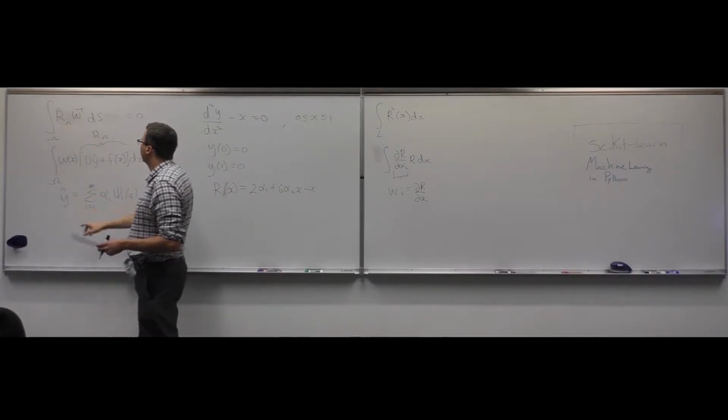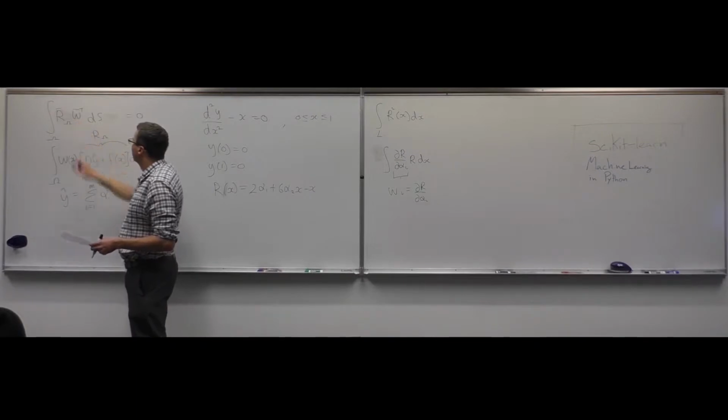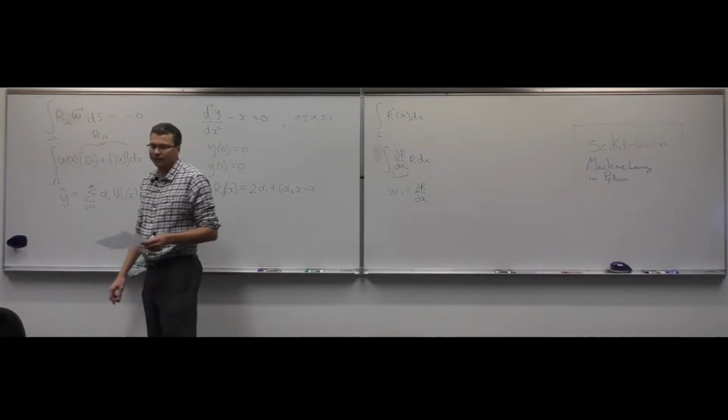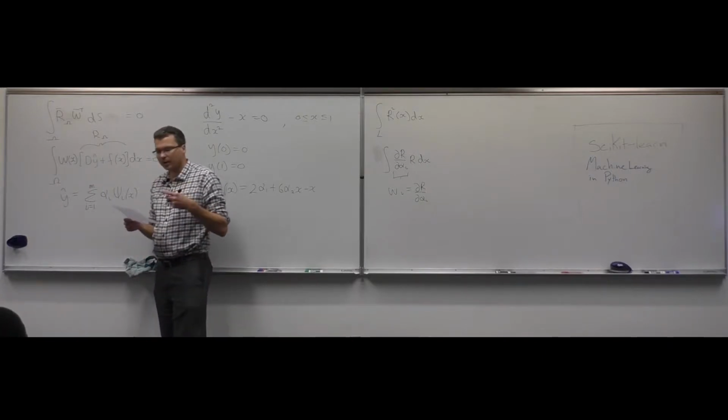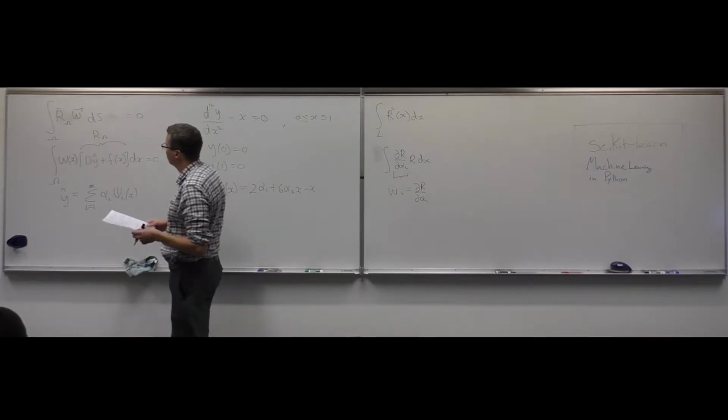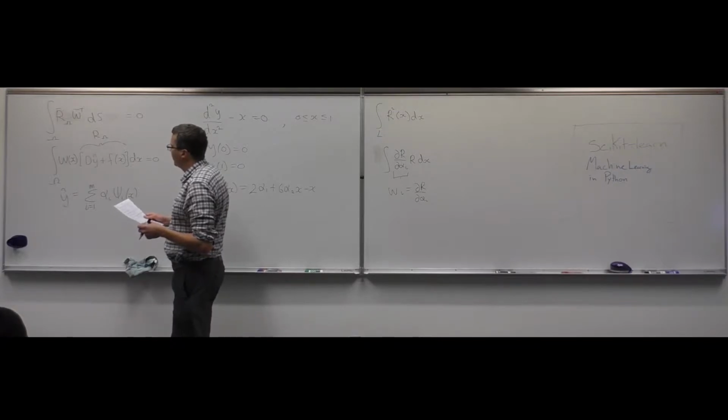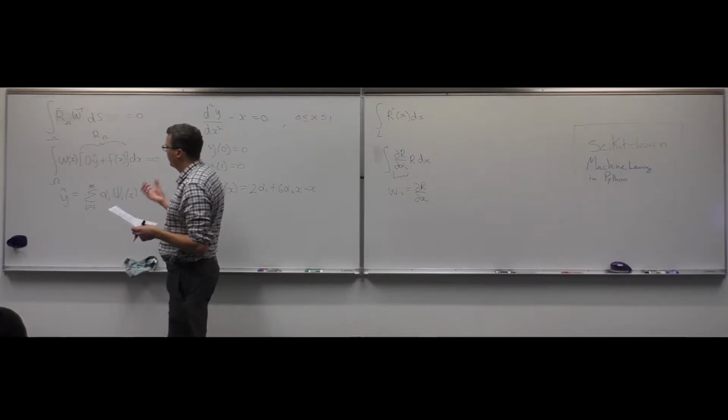Then we have this weighting function, which can be different things. And so what I'm trying to do with this discussion is look at 3 different weighting functions and see how they work.